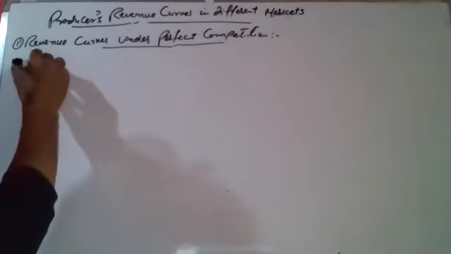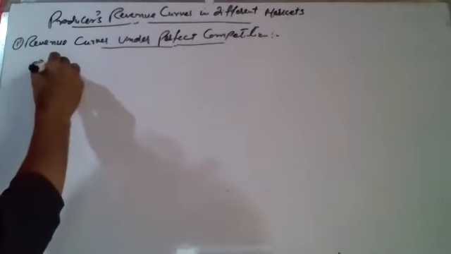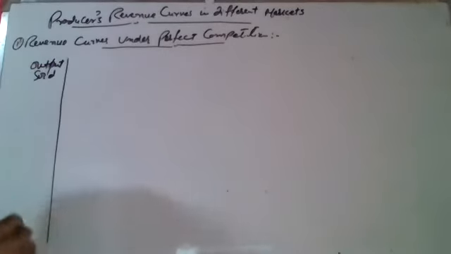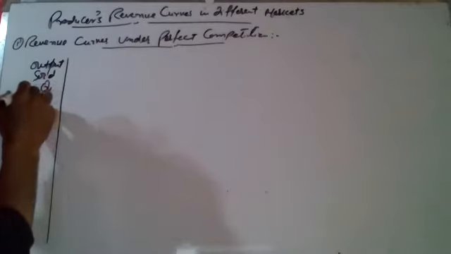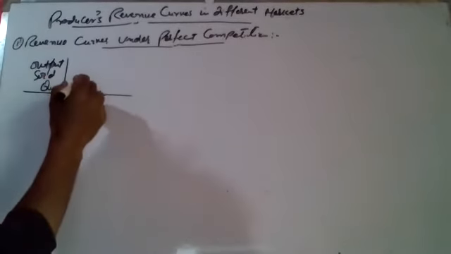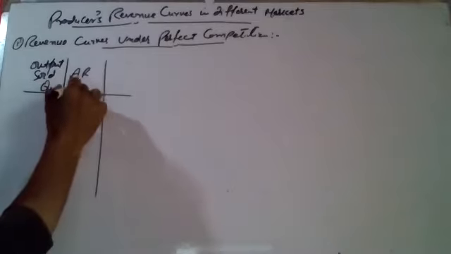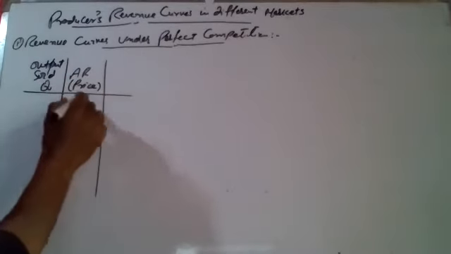So if we have output sold, or sales, total sales, that is Q, quantity sold, and we have, for example, average revenue, or we can say it is price, or average revenue, it is the same.